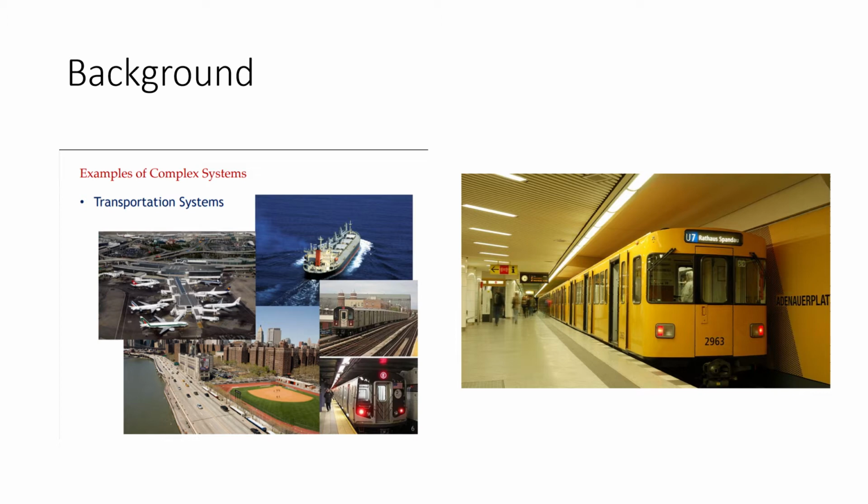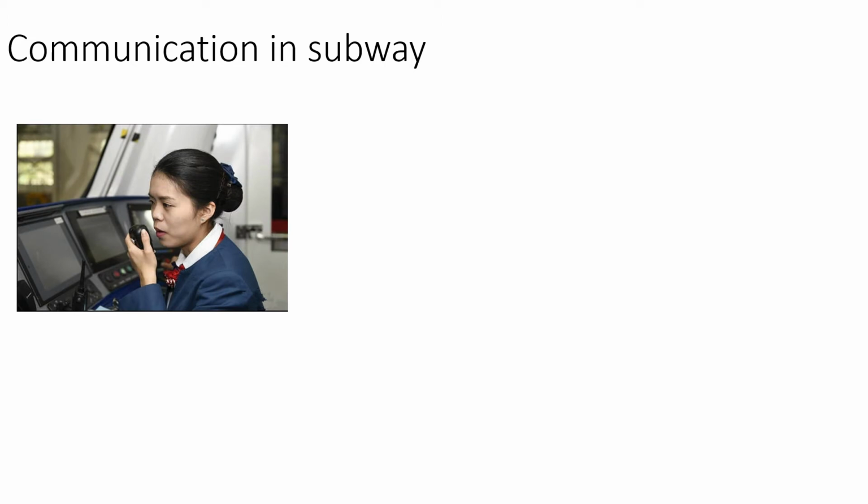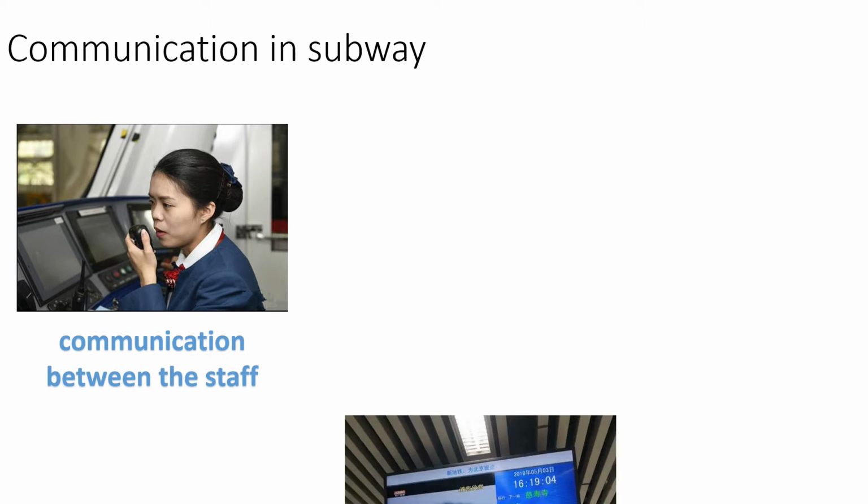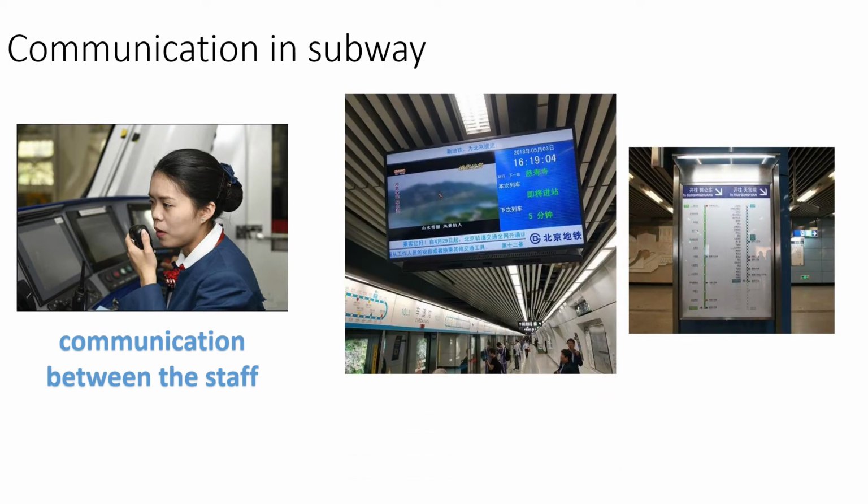Among the variety of subway subsystems, I chose the communication in the subway because I'm very curious about the communication way of the staff in the subway station, and also how we can observe the real-time information or other information from the station.